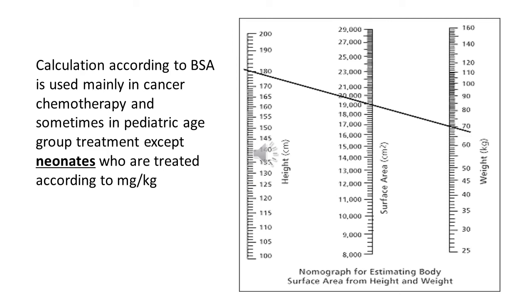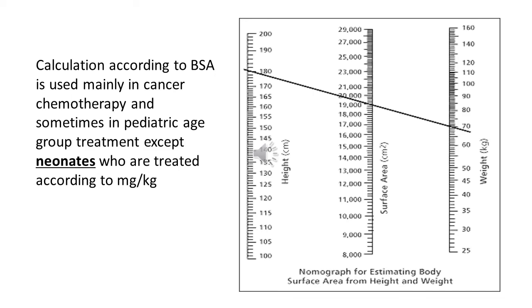According to this chart, the calculation of BSA is done especially in cancer chemotherapy and sometimes in the pediatric age group, except for neonates who are treated according to milligram per kg.